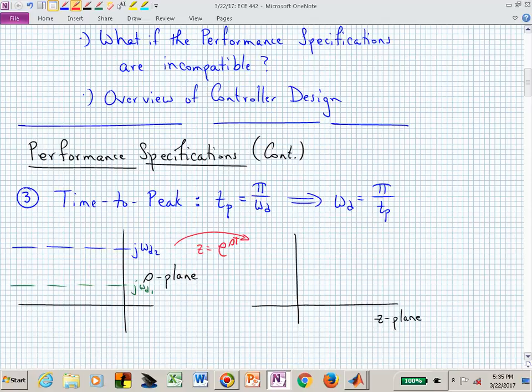If we now have an s equal to j omega sub d, what's that going to do with our mapping? Or what does that look like in terms of where that ends up?